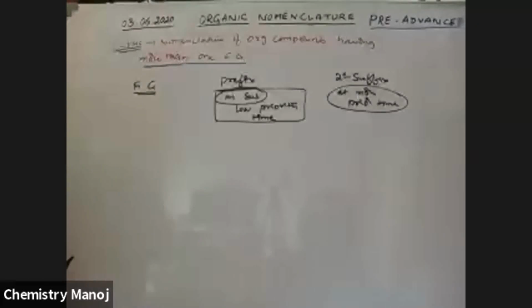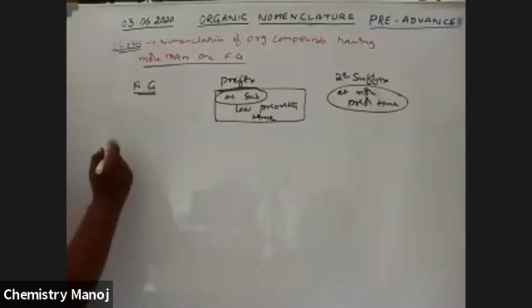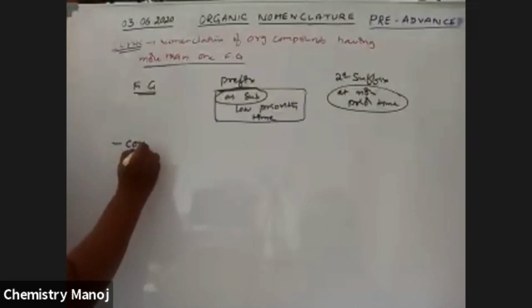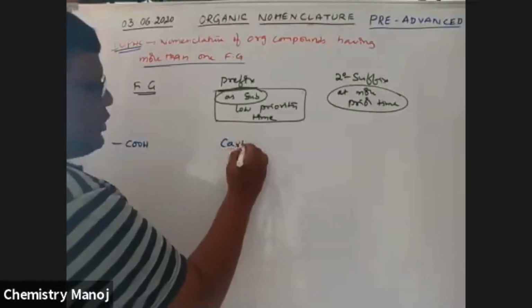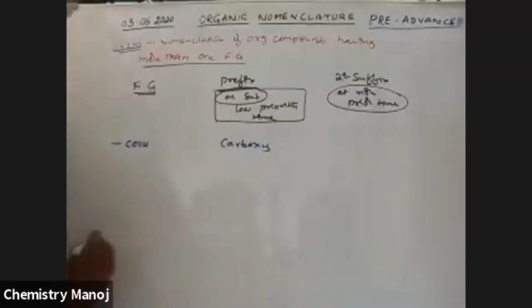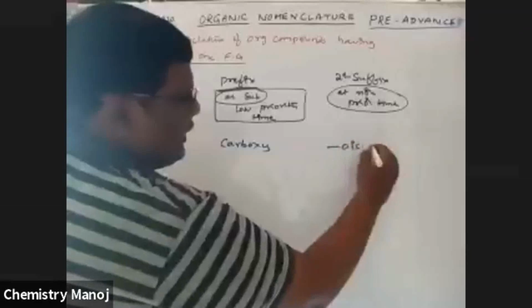So first of all, COOH is there. If COOH is the functional group, it is the topmost priority group. If it is taken as a substituent, carboxy is used as a prefix, and as a secondary suffix, oic acid is used.